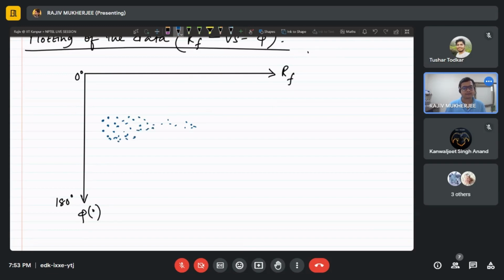The task is that you first consider an average value for phi, which is phi s. This phi s value, the average of this cluster, is the angular orientation of the strain ellipse.